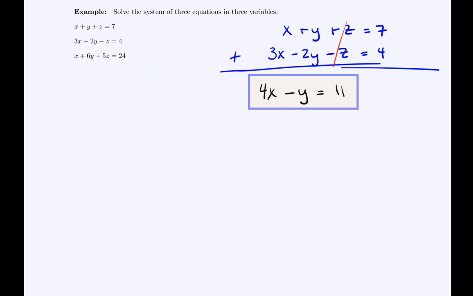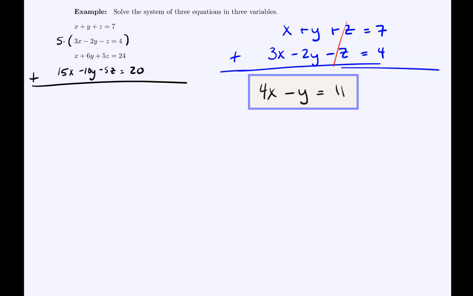Would we agree if we multiply the second equation by positive 5, then as we multiply that through each term, we would get negative 5z that when you add to positive 5z would cancel. So we'll multiply that and we would get 15x minus 10y minus 5z equals 20.